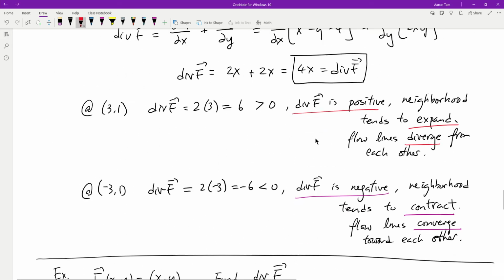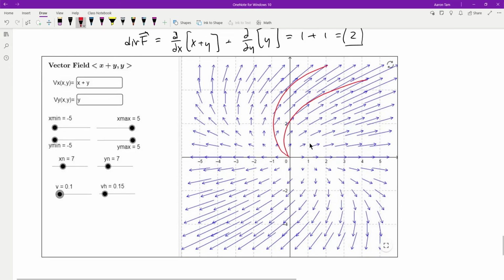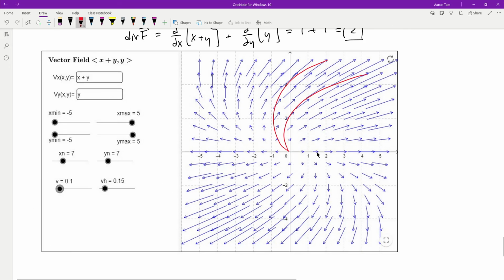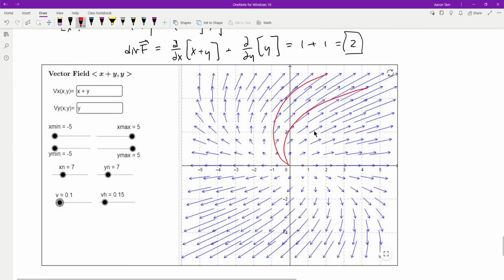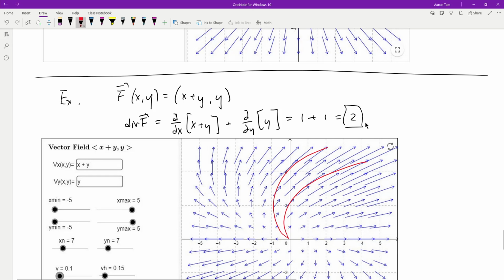So hopefully the concept of divergence makes sense. It's basically just trying to show you, when you draw two flow lines, are they floating away from each other or toward each other? And that is dictated by whether the divergence is positive or negative.